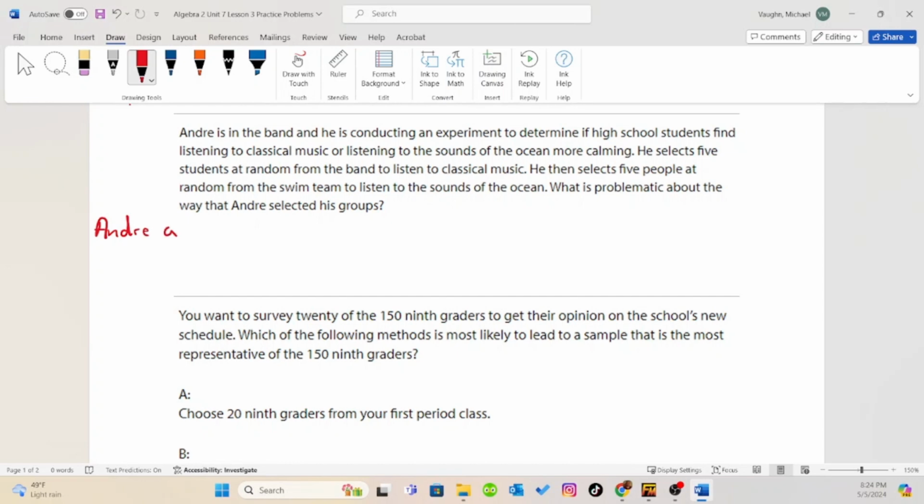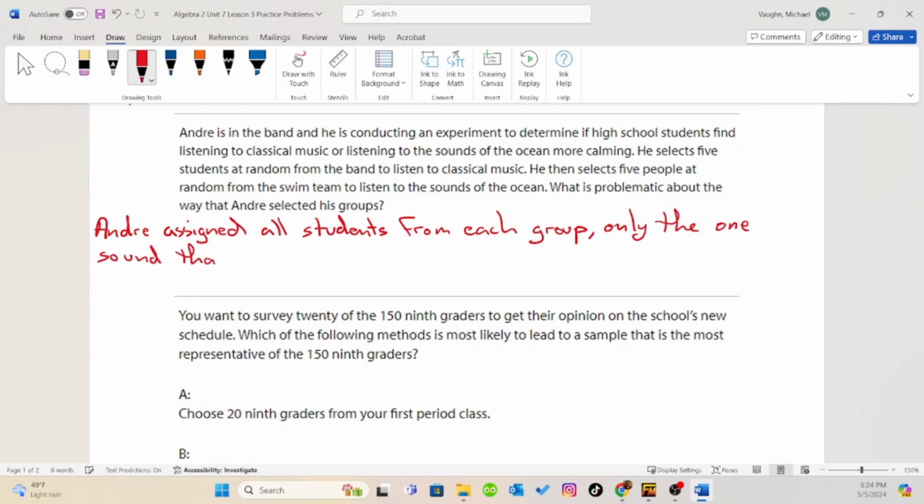Andre assigned all students from each group only the one sound that aligned with their group's interest.